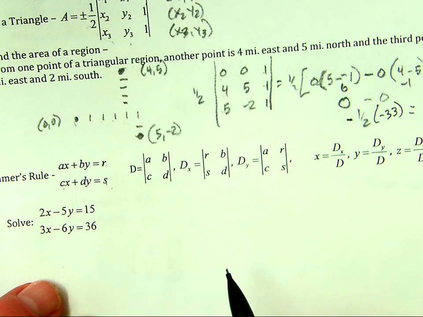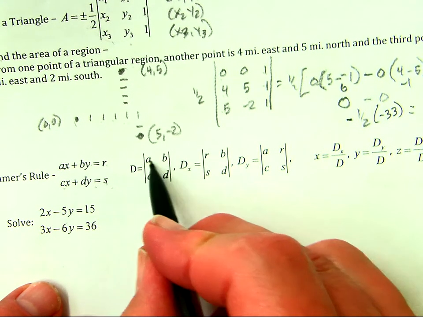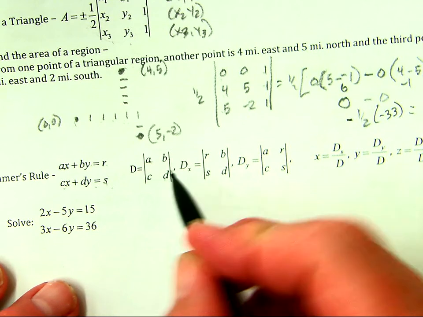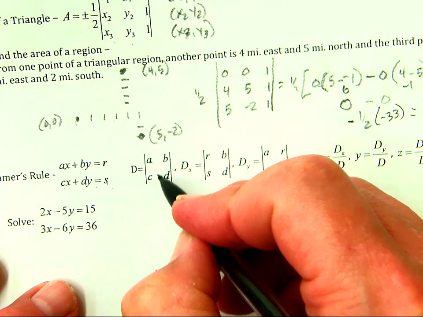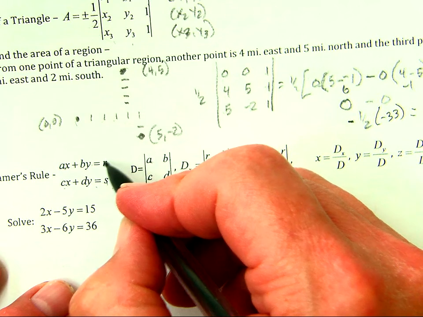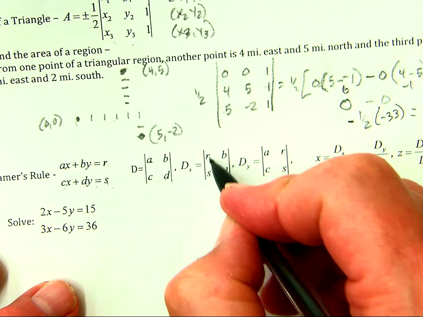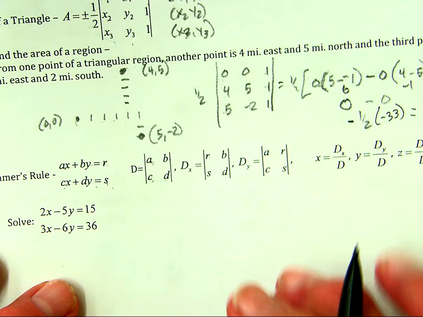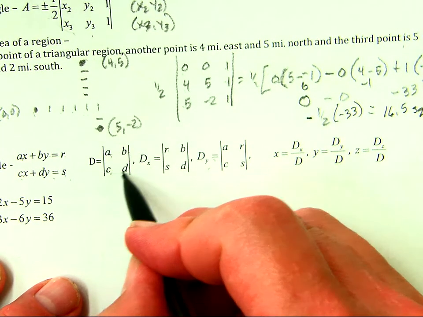three determinants. One with just the coefficients. So A, B, C, D. That's our coefficients. The second one we call D sub X. This first column that was A and C, we're going to replace the X column with our constants, R and S. So you see how R and S took the place of A and C. Then we have D sub Y. For D sub Y, we go back to our first one.